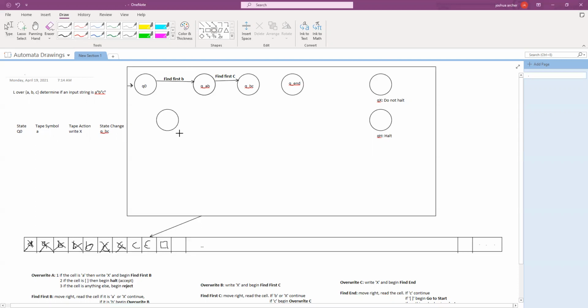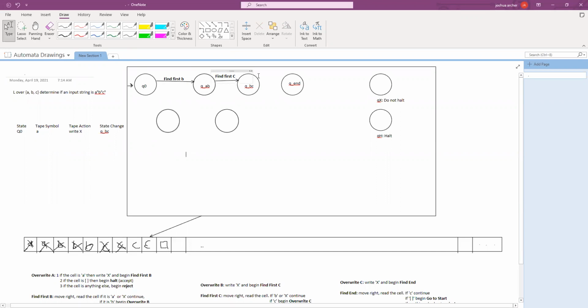So we have the initial state. We have find first B is what this is going to be. We've got found the first B. We're going to have find the first C. I'm going to make one here. I think this one's too tall.